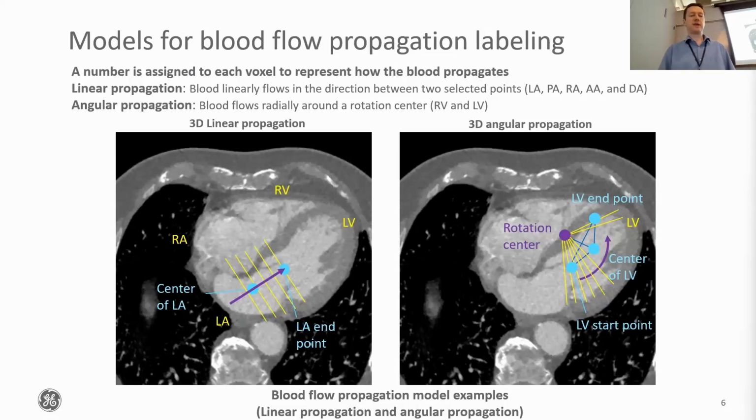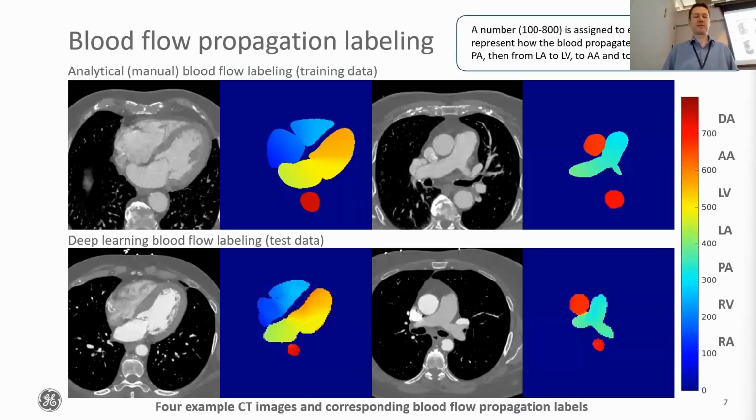Some objects had a linear increase from an inlet to an exit point, and others had a rotational blood flow propagation. And this is done in 3D. We just showed this figure in 2D, but this is done in 3D, so we know how the blood propagates through each object. So this is an example of the blood flow propagation labeling.